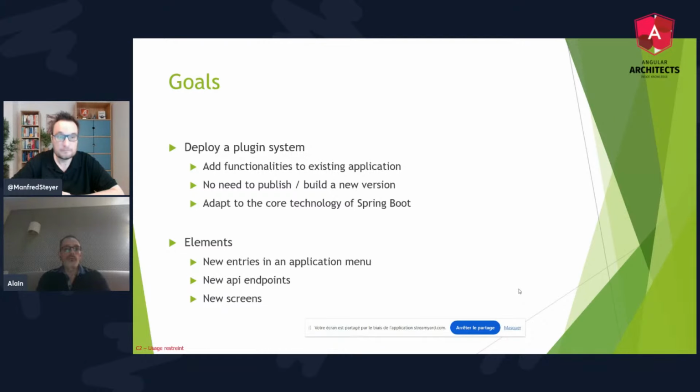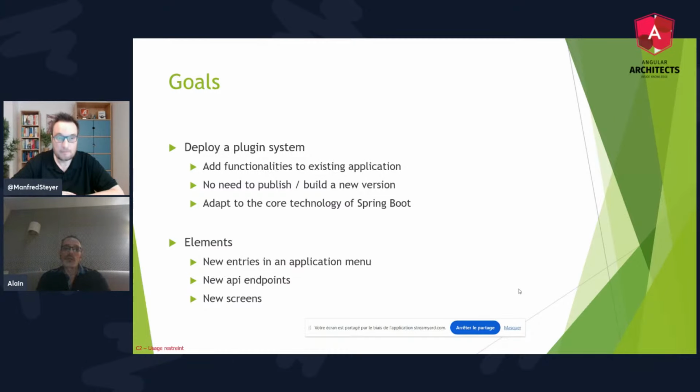We don't want to publish it again. We don't want to alter the source code, and we don't want to build a new version. The application is installed at the client, and the most we want to do is maybe restart the application, the context of the server, and enjoy the new functionality.